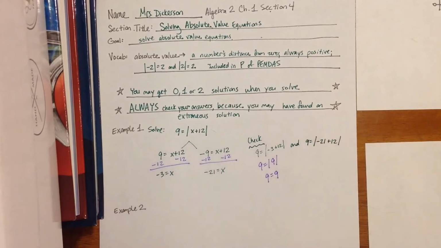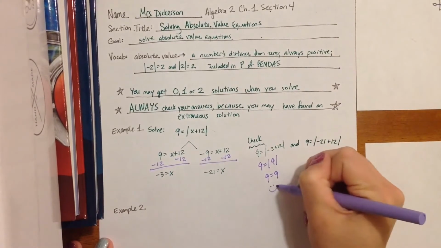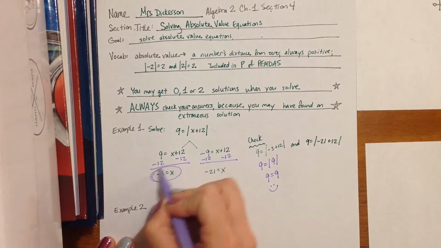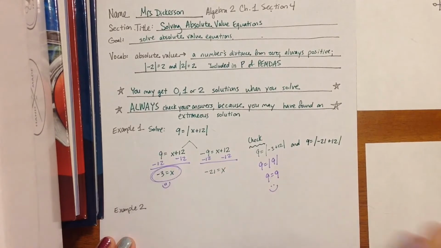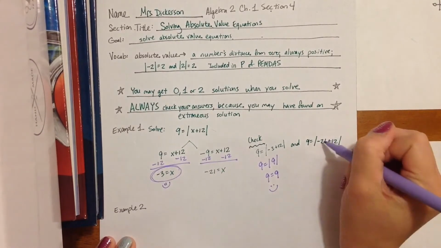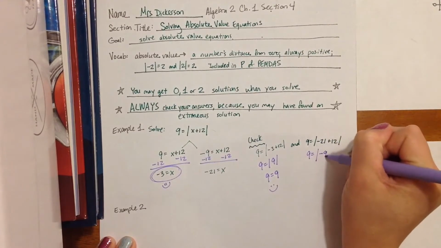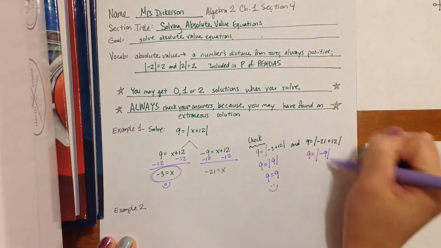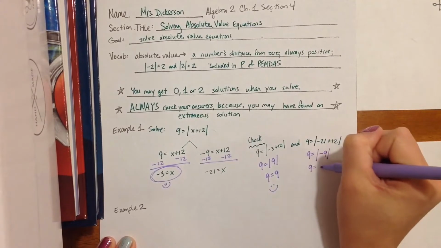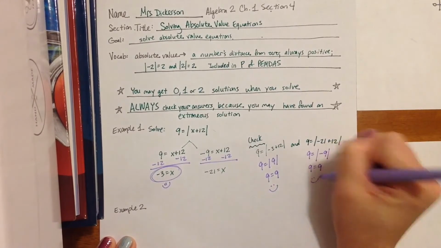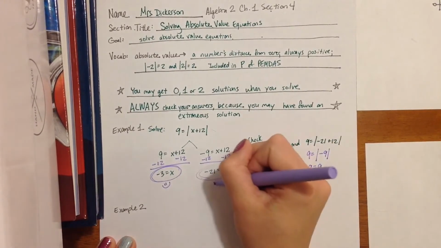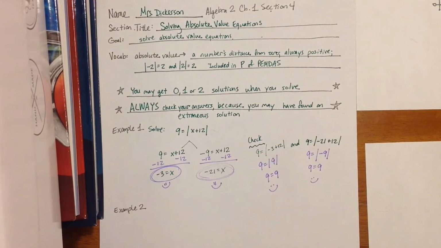Absolute value of +9 is 9. So life is good, meaning this guy definitely is an answer. I go over to this other side, -21 plus 12. I see that that gets me the absolute value of -9, but I know the absolute value of -9 is +9, so this one works out for me too. So both of these are our answers.